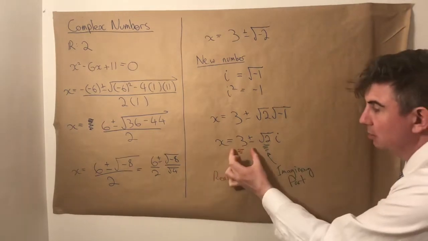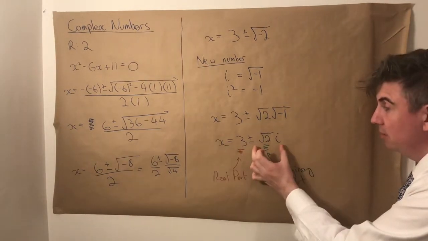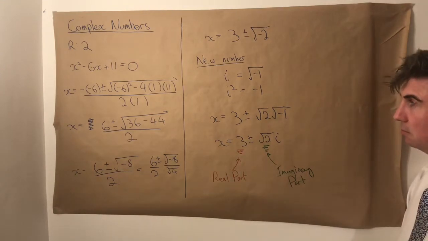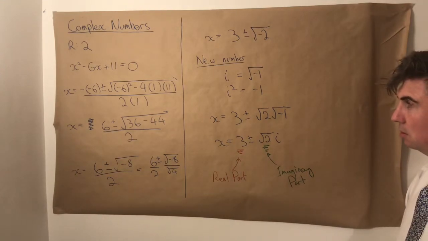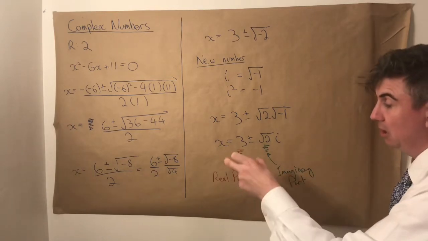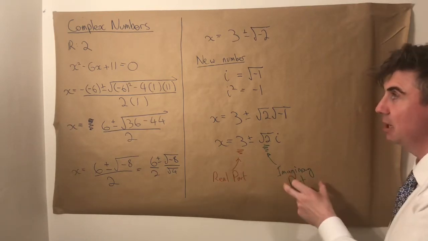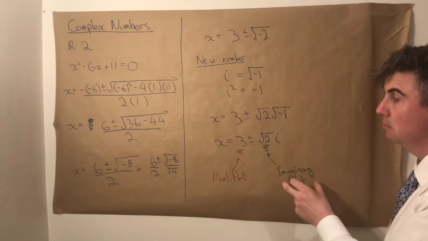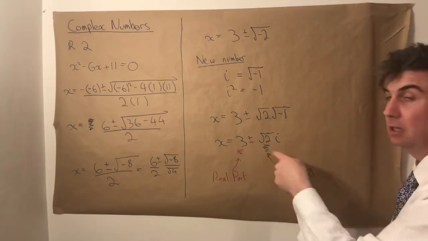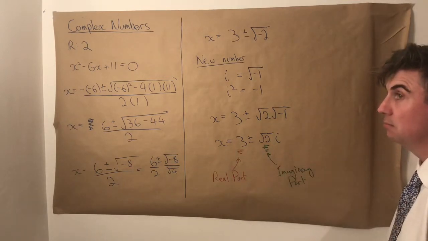So we have the real part, and we also have the imaginary part. And that's why it's complex, because we have a real part and an imaginary part. So that's the first complex number that you guys have seen.